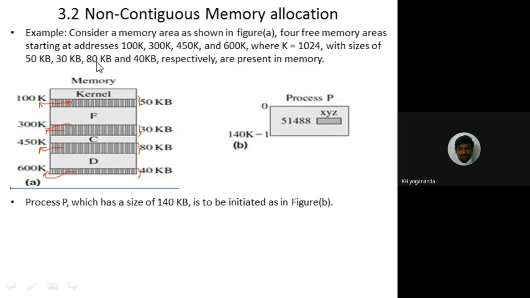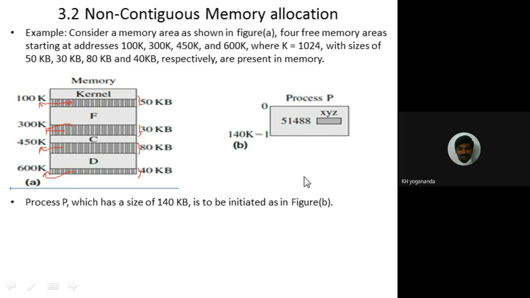How to allocate this? We can allocate like this, as in the figure. There is a process P and its size is 140 kb. We are using one particular area, and this area has been divided into some numericals, which we will try to understand in the coming slides.